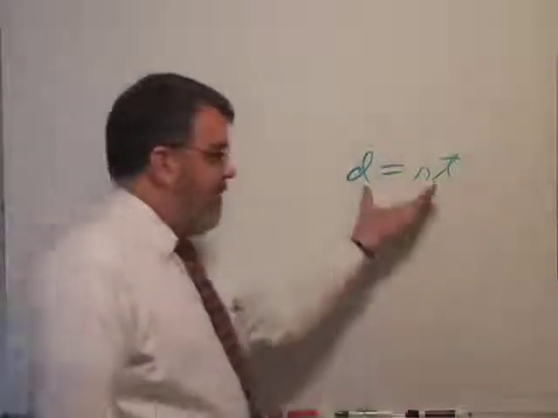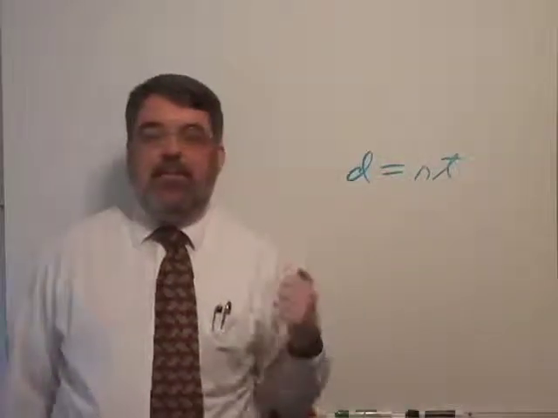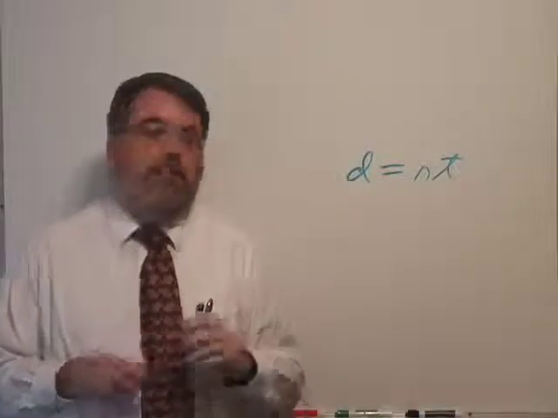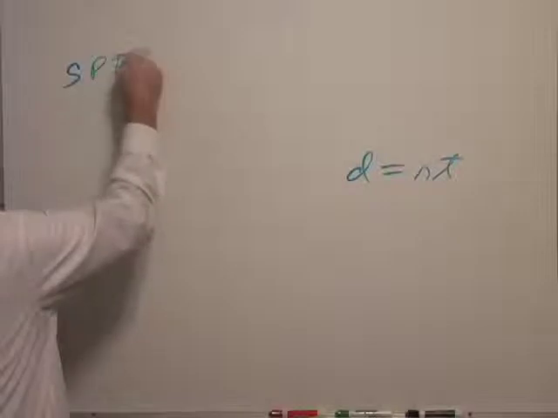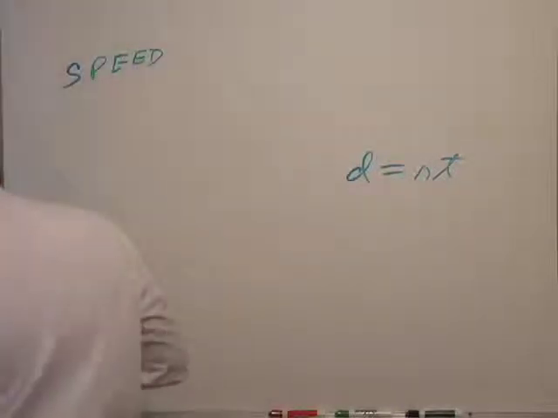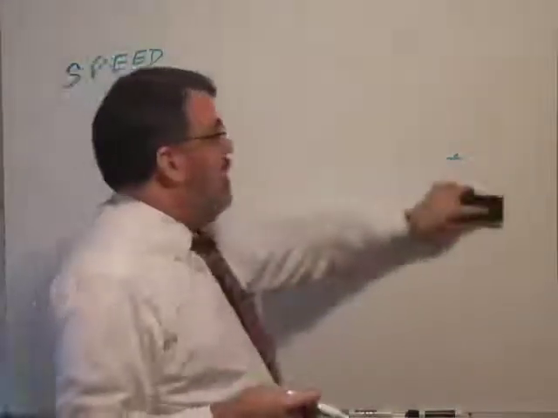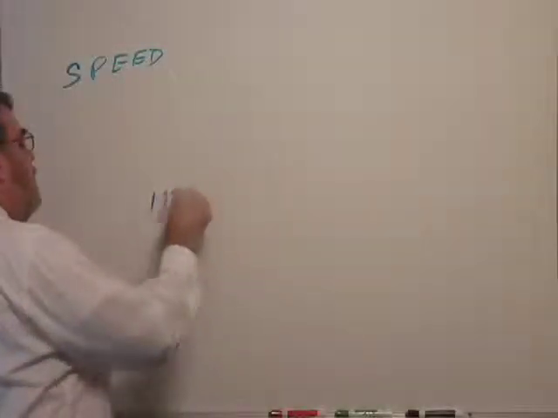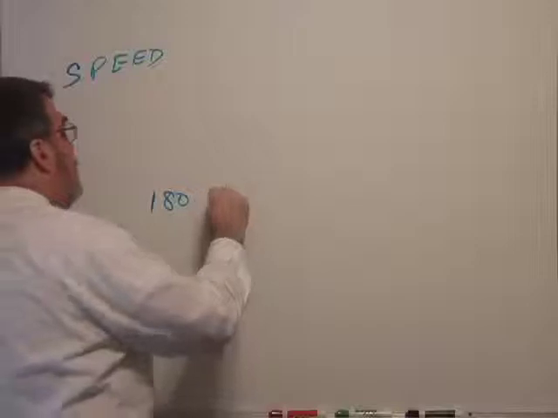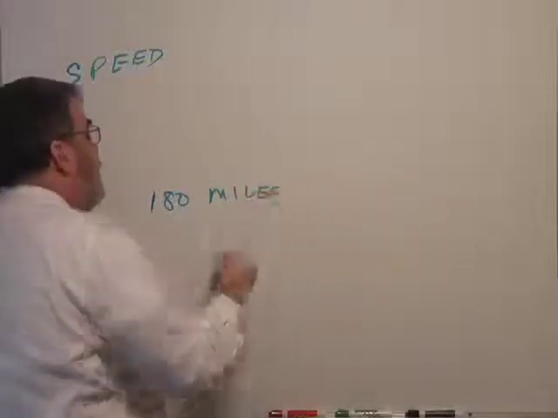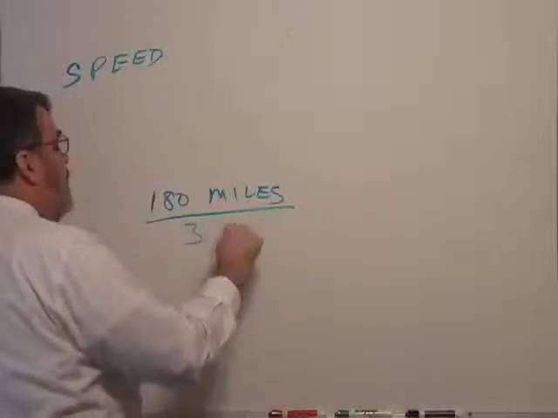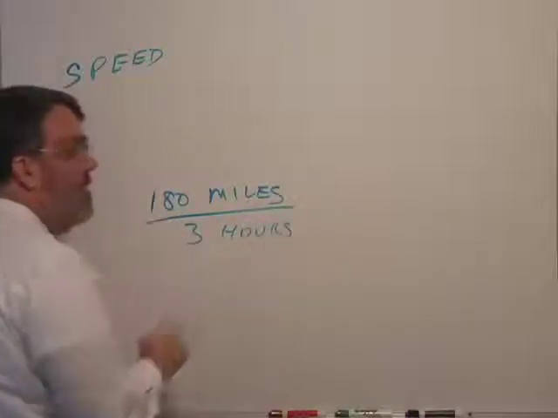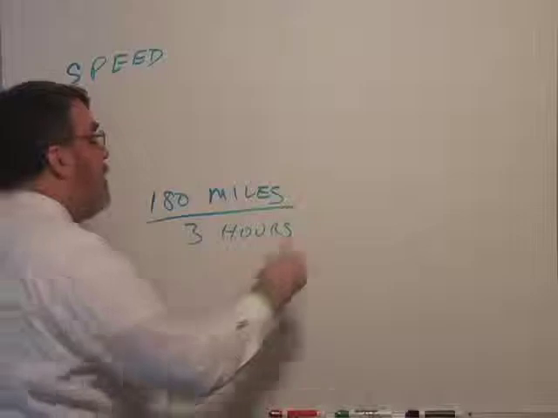But where does this come from? This comes from how we define speed. So, let's look at that. How does one define speed? Now, I'll give you something kind of familiar. If you were able to drive 180 miles in 3 hours, how fast were you going on average? 180 miles in 3 hours would be 60 miles per hour.